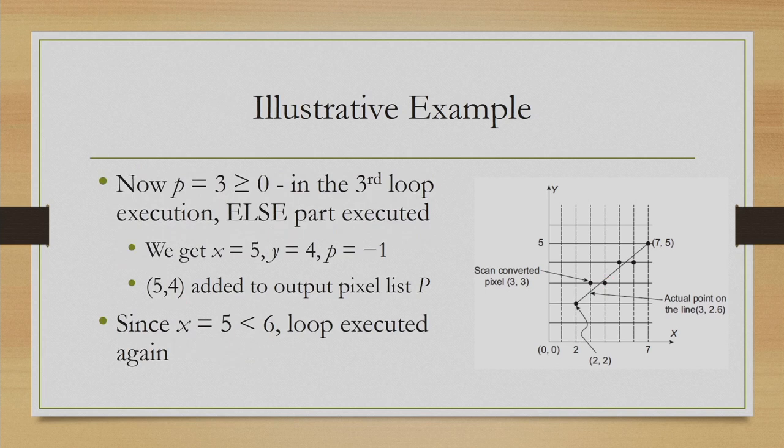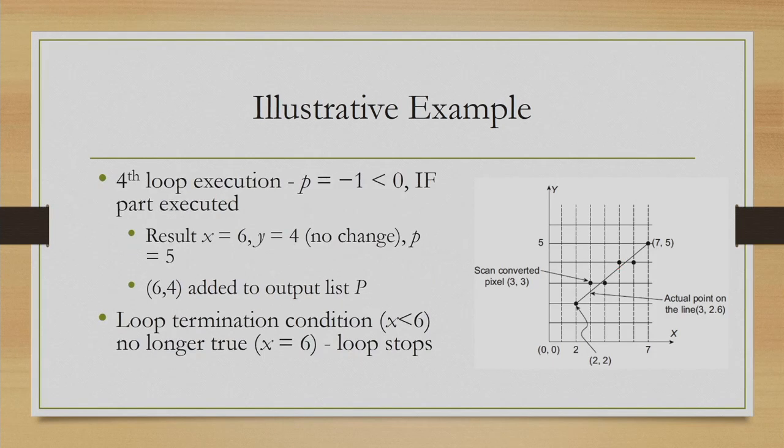So, in the next stage p equal to 3 greater than 0. So, we choose the upper pixel, add this one to the output pixel list, continue the loop since we are yet to reach the end point. Then we find p to be -1, less than 0.